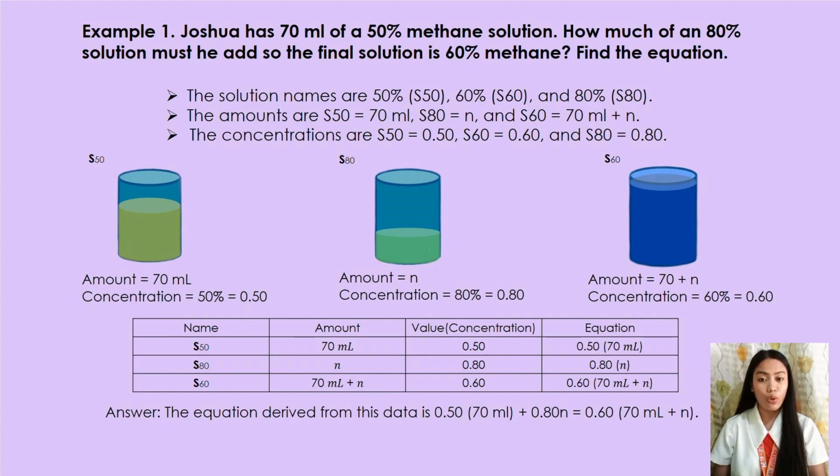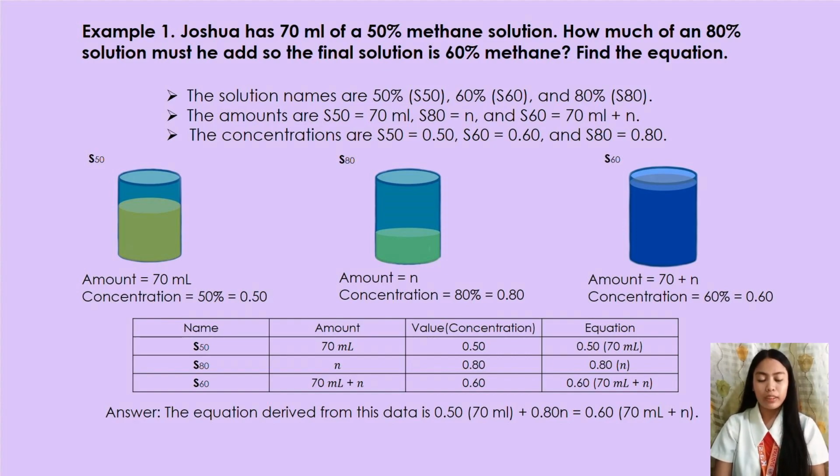And for the values or concentrations, solution 50 has a value of 0.50, solution 80 has a value of 0.80, and solution 60 has a value of 0.60. To find the equation, we just multiply the amount of every solution by its value or concentration.